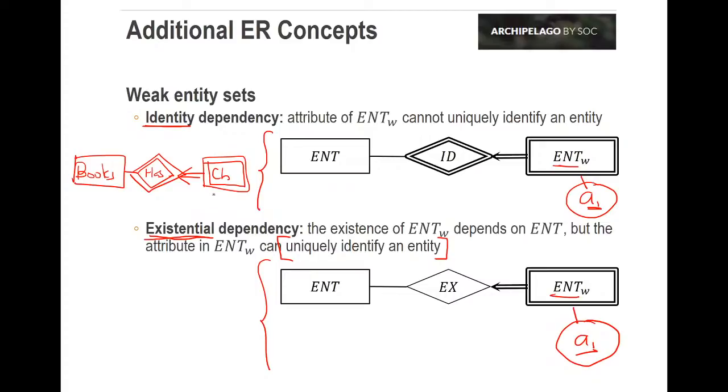But chapters, let's say for instance, you have chapter 1. A lot of books have chapter 1, so you do not know which book this chapter belongs to. Chapter 2, a lot of books have chapter 2. So even though you can make this your identity of the chapter, because it is an identity dependency, each one of these is a partial key. It's not even a full identity, it's a partial identity. It cannot fully identify.